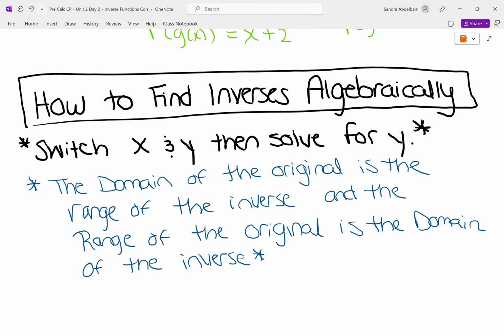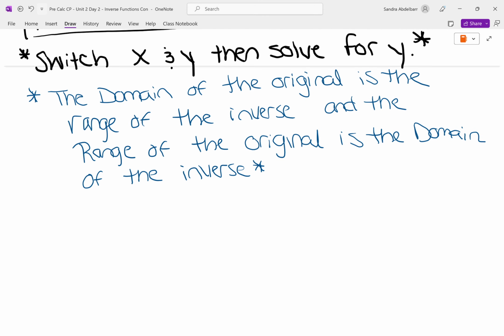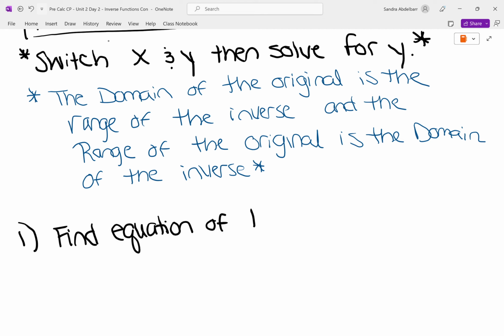Are we ready? Okay, so the first thing I want us to do, number one, I'm going to ask us to find the equation of the inverse and the domain and range.